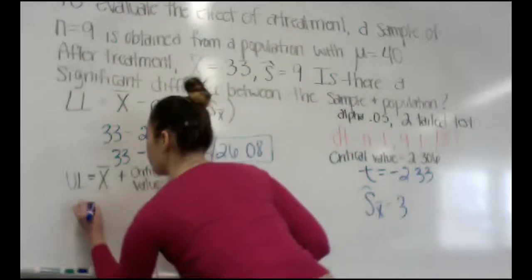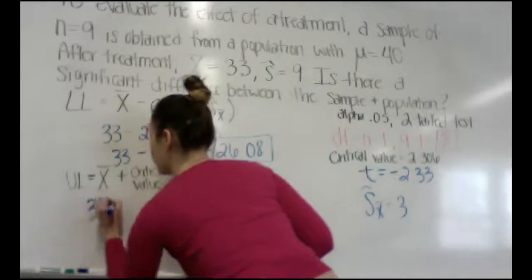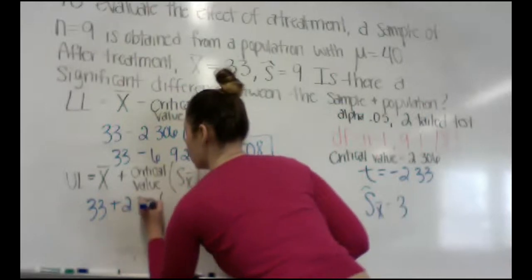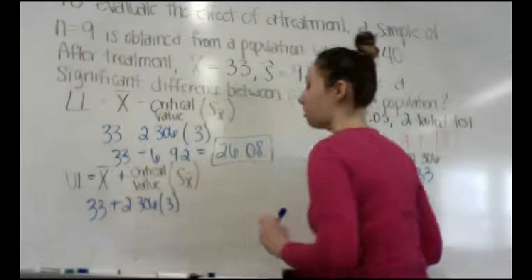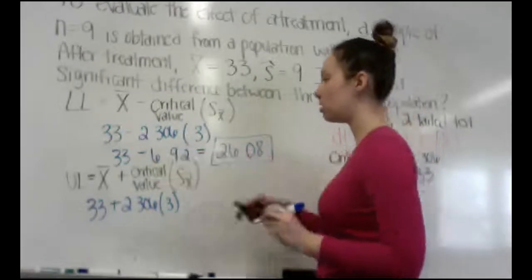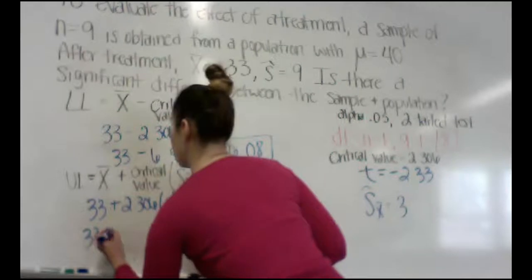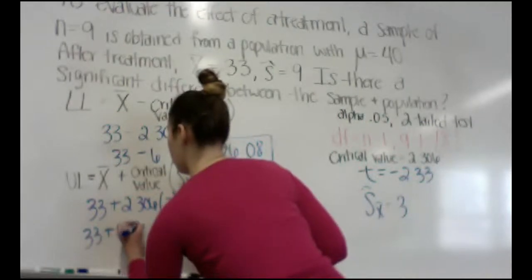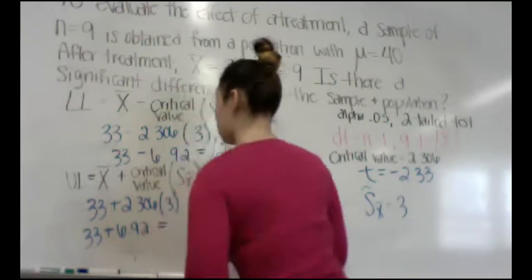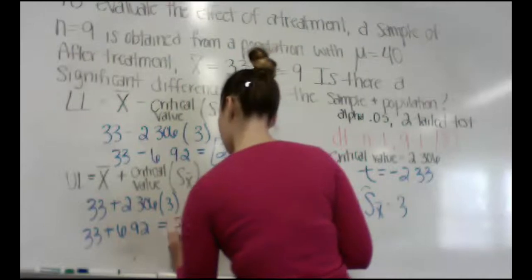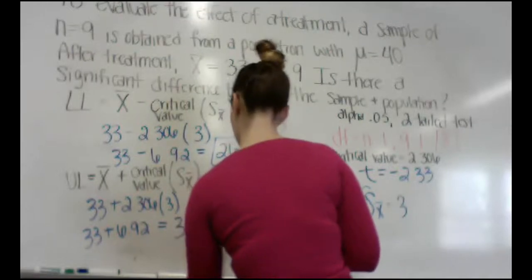Here we're going to go 33 plus 2.306 times 3, which is our standard error. We've already done this multiplication, so 33 plus 6.92 gives us 39.92.